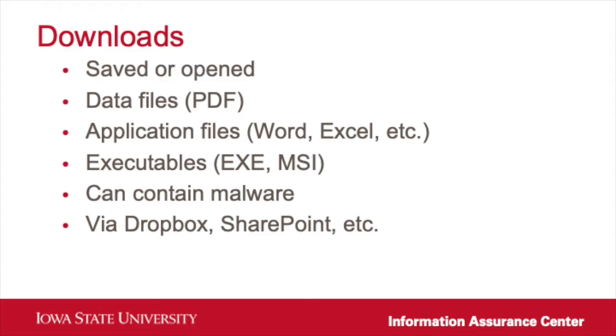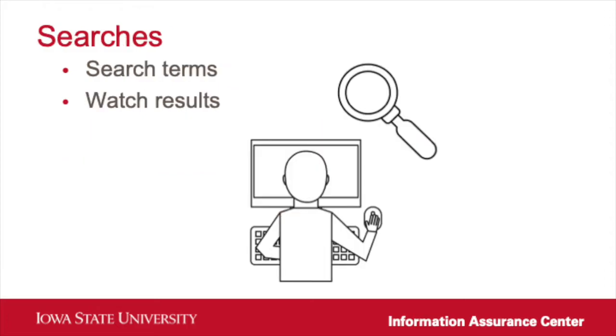A big piece of what most people do on the internet is searches. Google is again synonymous with searches, although there are several other search engines out there, and they pretty much are the same. Some security or privacy issues that come up when we talk about searches are, first of all, we want to be a little careful about what we type in the search bar. Some of this is just to help us refine what we're actually looking for. Broad search terms obviously will get you a lot of hits, which may be somewhat meaningless.